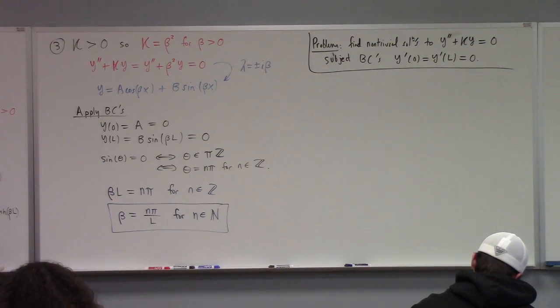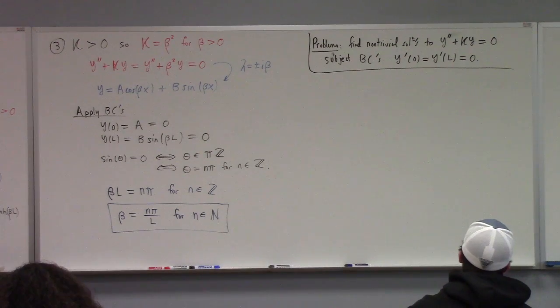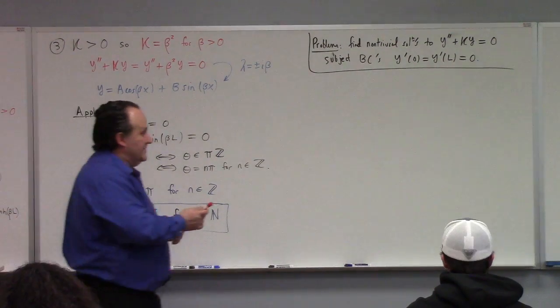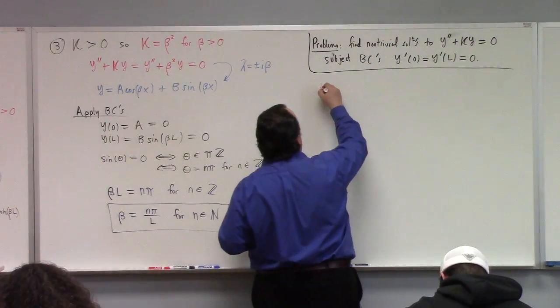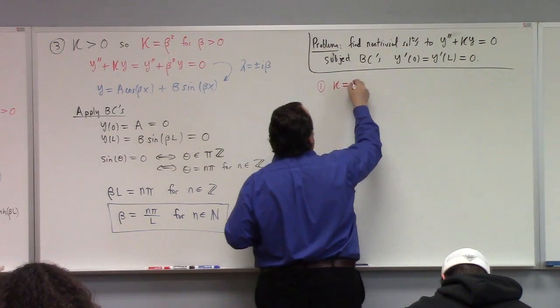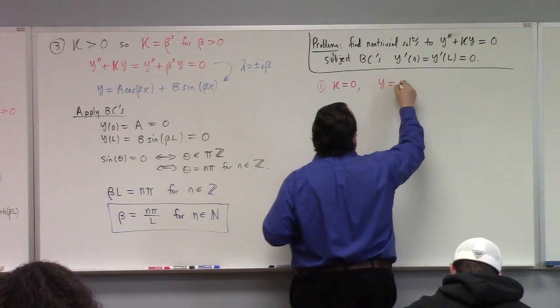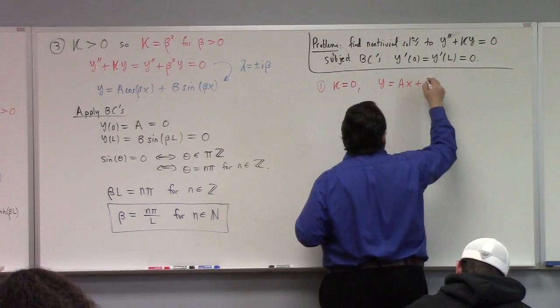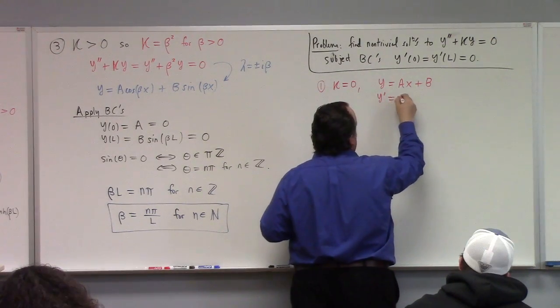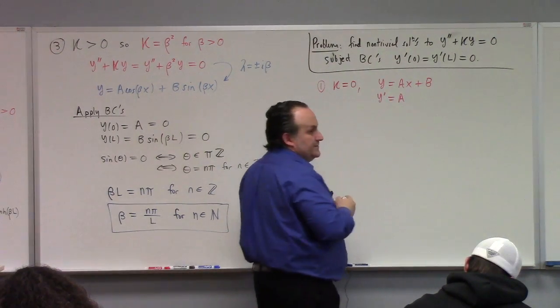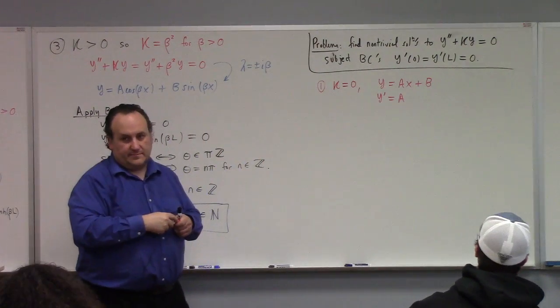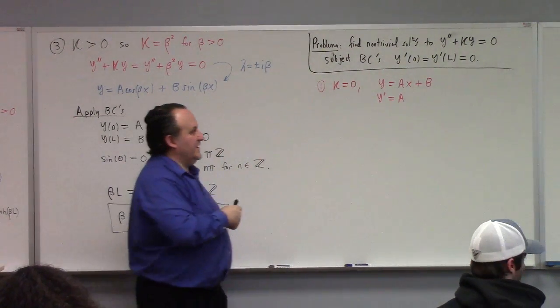We can make the same breakdown of cases, right? So at case number 1, we have k equals 0. We have y is ax plus b, right? Now y prime is a. So what happens?